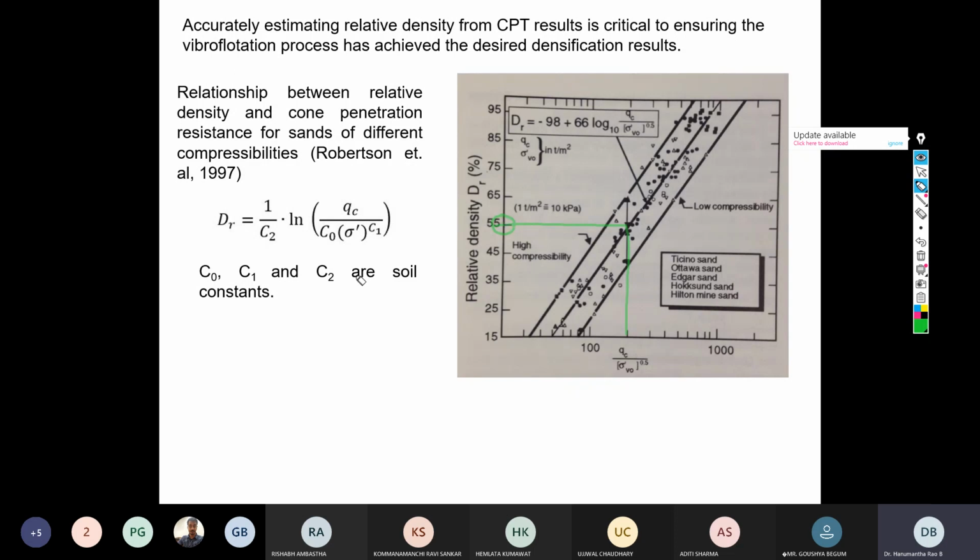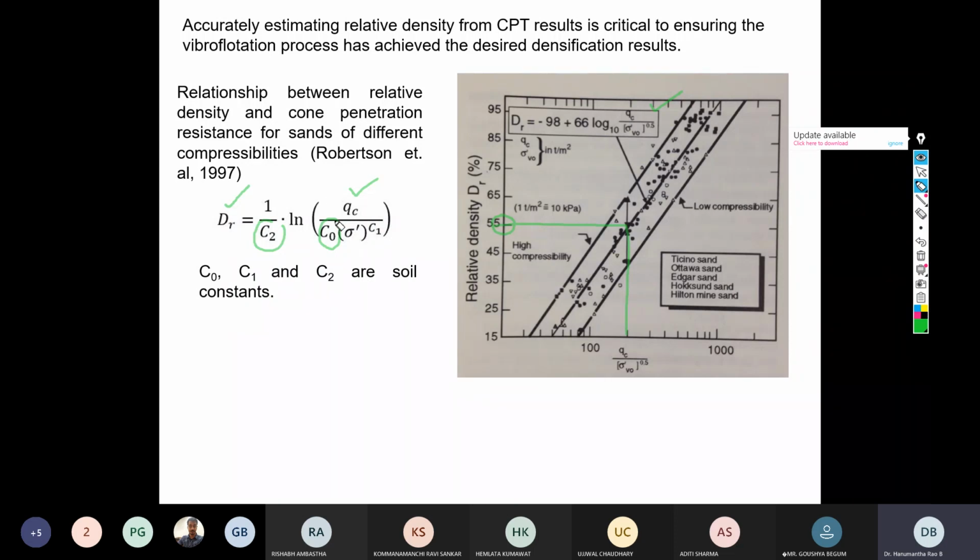which is an indicative parameter of the degree of improvement. There are also some different mathematical correlations proposed by different people. We can see one kind of empirical equation relating relative density with the cone penetration value. There is another kind of equation relating the relative density with the cone penetration value. There are some other constants also, C1, C2, C3. These constants are the parameters of the empirical equations.